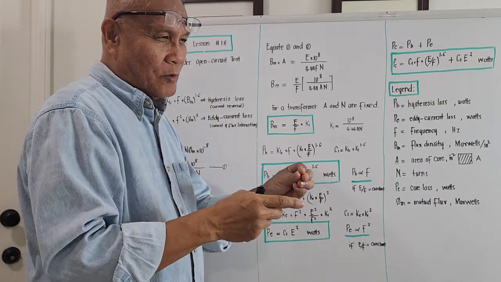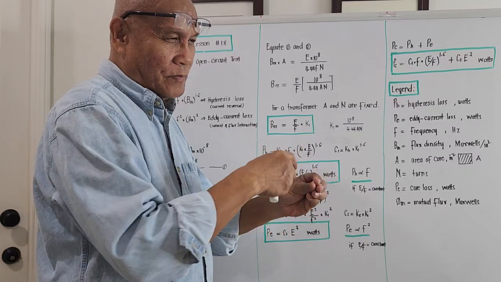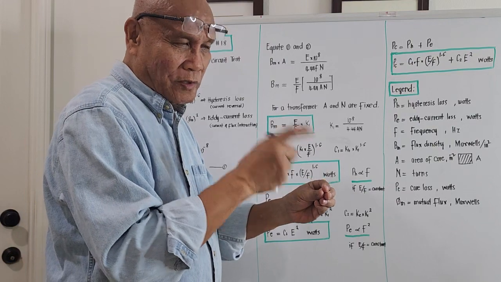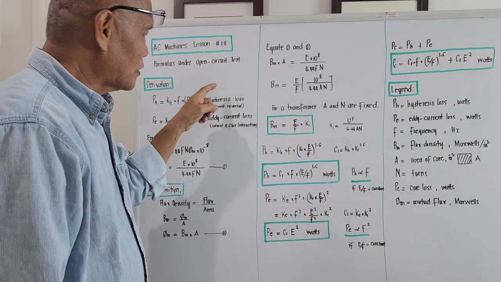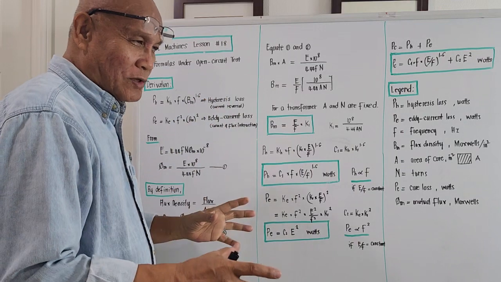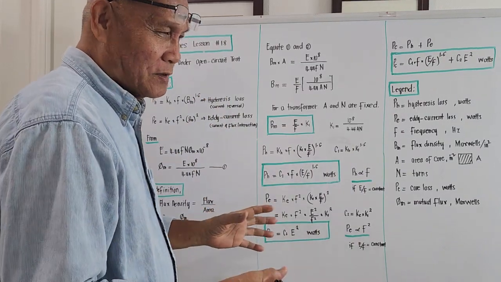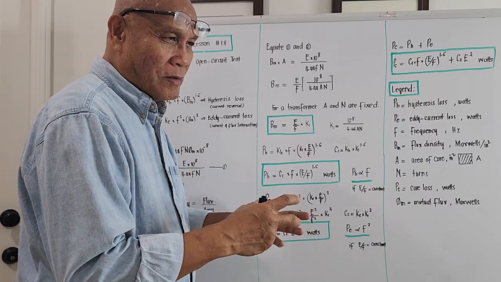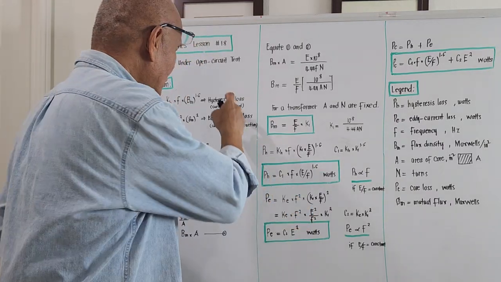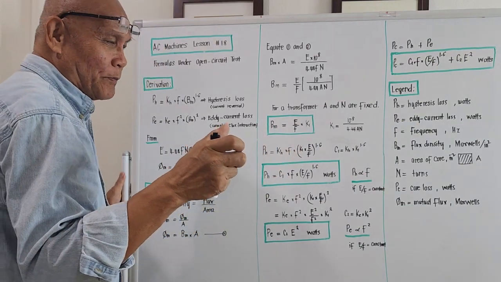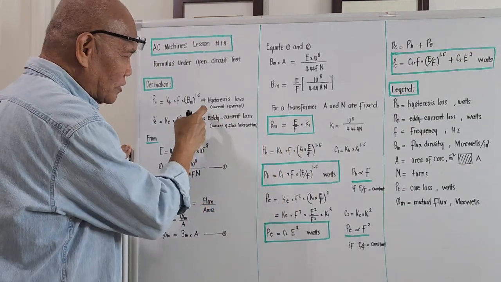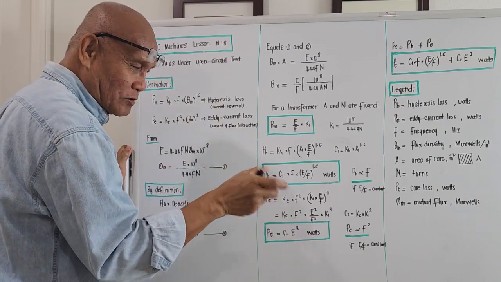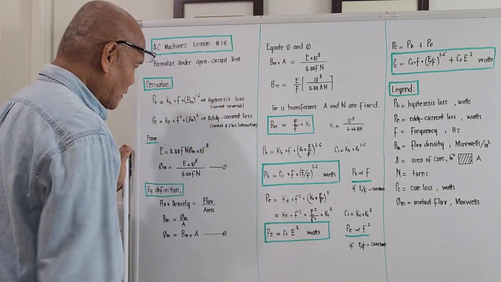Due to the reversal of the alternating current, back and forth, there is a loss with it, and that is termed the hysteresis loss. It was discovered by engineers that the current reversal on the core will present a loss, and they named that loss the hysteresis loss. So hysteresis loss is the loss due to current reversal.